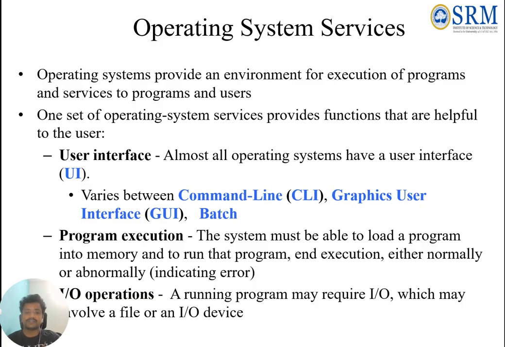Regarding program execution, the OS can load the program whenever the program or application is initiated inside the OS. The program is loaded into memory, run, and executed normally or abnormally. Normal means it executes inside the OS and can be visualized on the monitor.